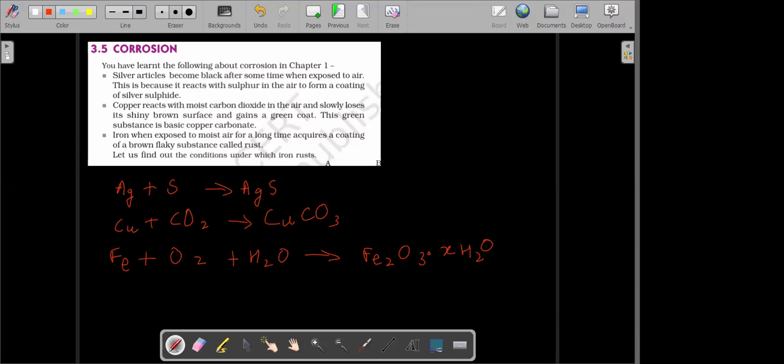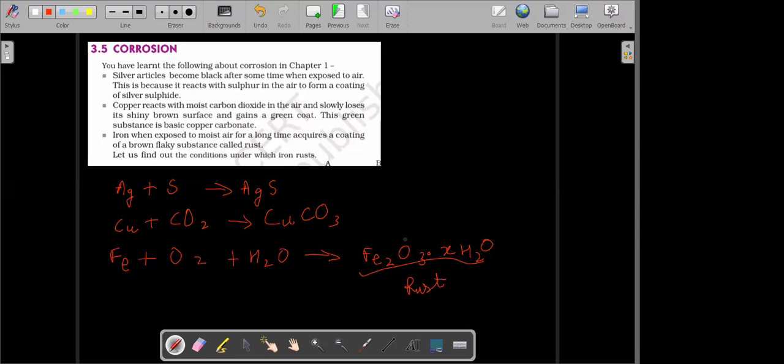So corrosion is a process by which metals lose their luster when exposed to air. A specific name for the corrosion of iron is rusting. The product which is formed is called rust.